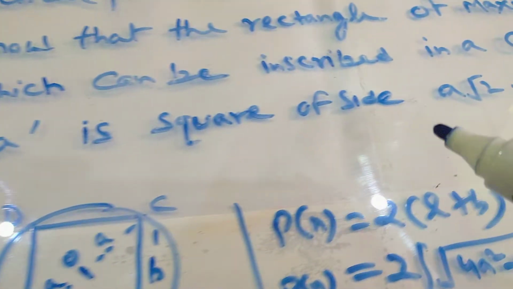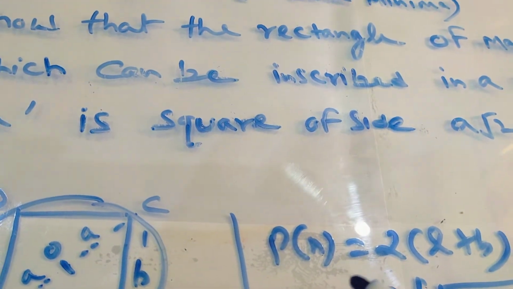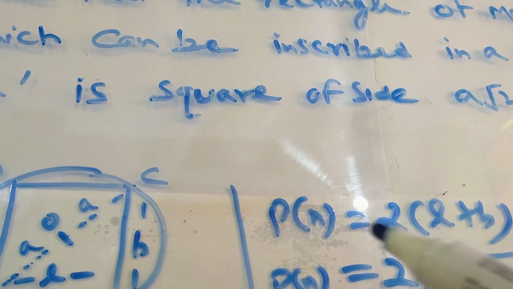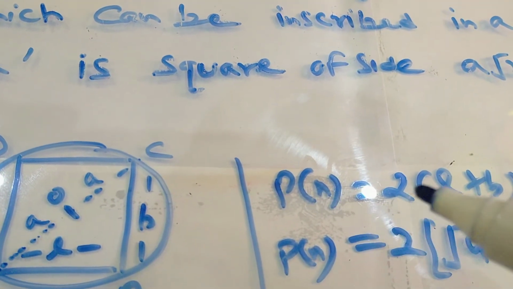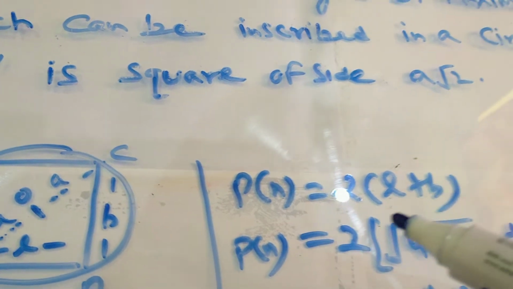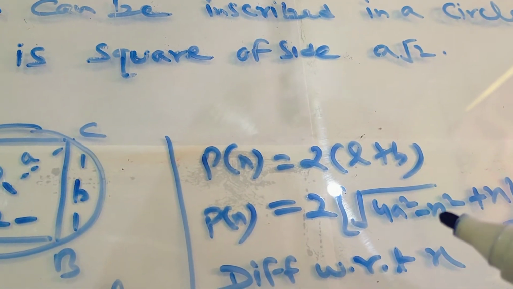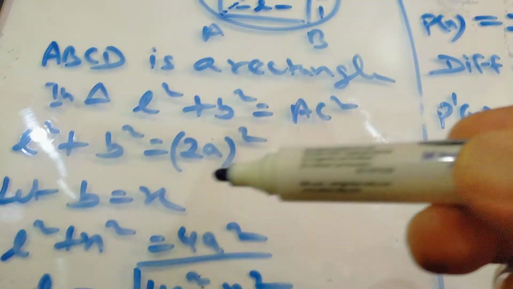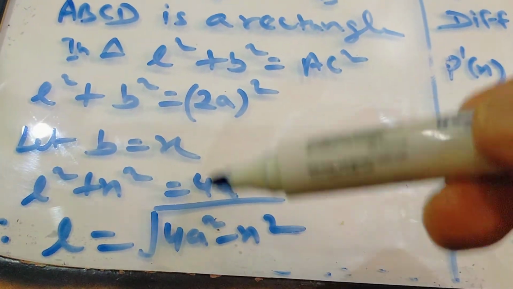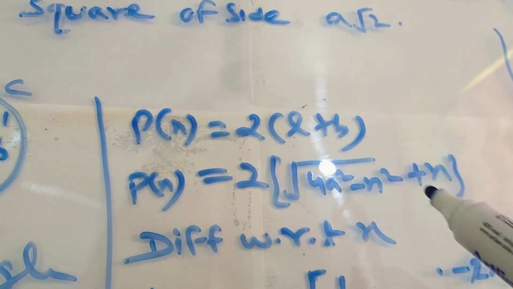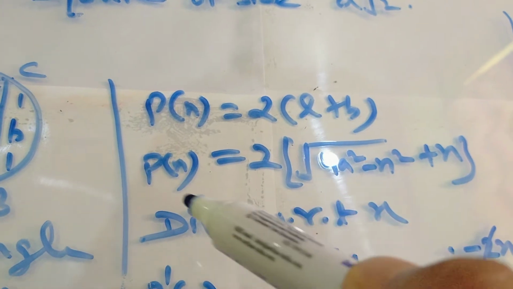Now what we have to do is maximize the perimeter. So we should write the perimeter of the rectangle, and you know the perimeter of a rectangle is 2 times L plus B. The value of L I substituted, it is the root of 4A square minus x square, which we have just calculated. Look here. And the value of B is x, so here also I will write x in place of B. Now we should differentiate.